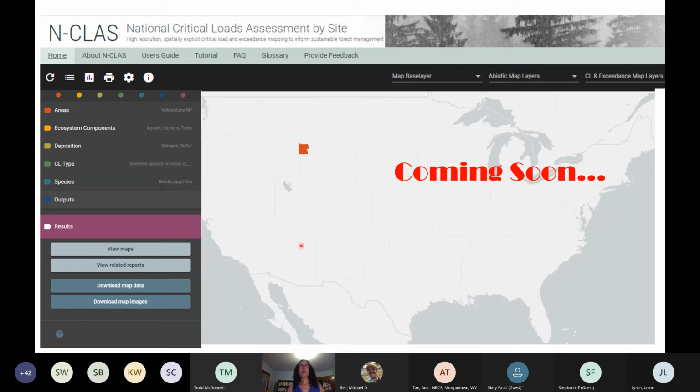So we're working on a tool that will hopefully make it easy to choose what area you're interested in, which critical loads you want, which type of deposition, which species in the case of the trees, and then download and access all of those maps.